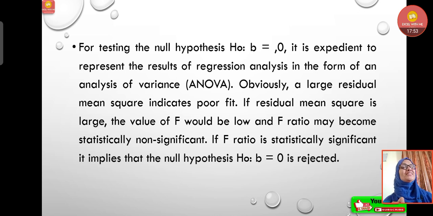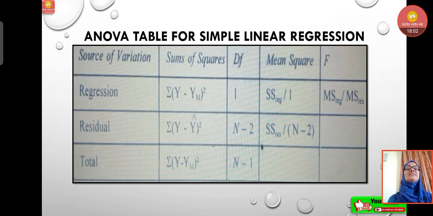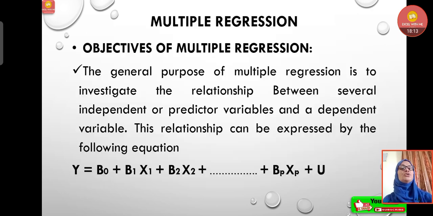If F ratio is statistically significant, it implies that the null hypothesis H0, that is B equal to 0, is rejected. So, this is the ANOVA table for simple linear regression. You can pause the video and see the table here. Note down the table: the source of variation, regression, residual and the total.